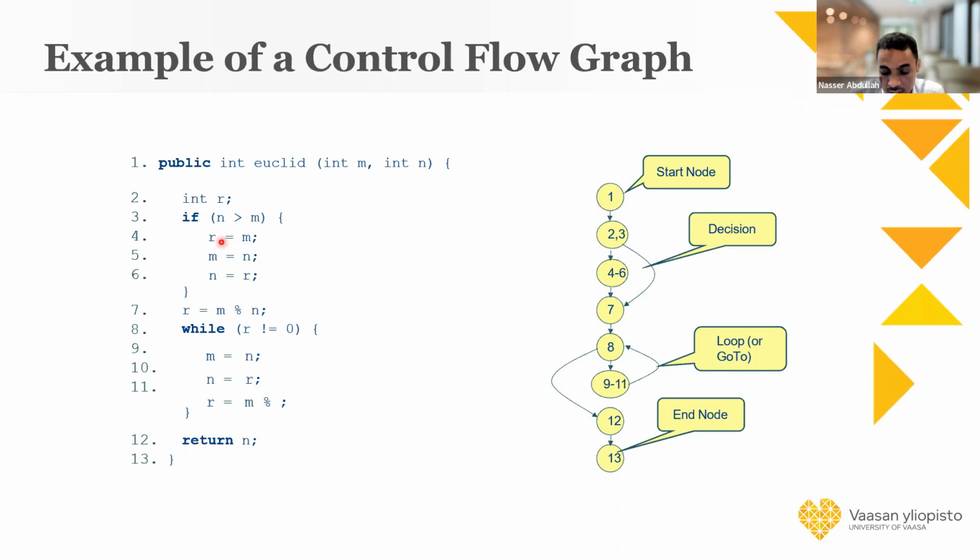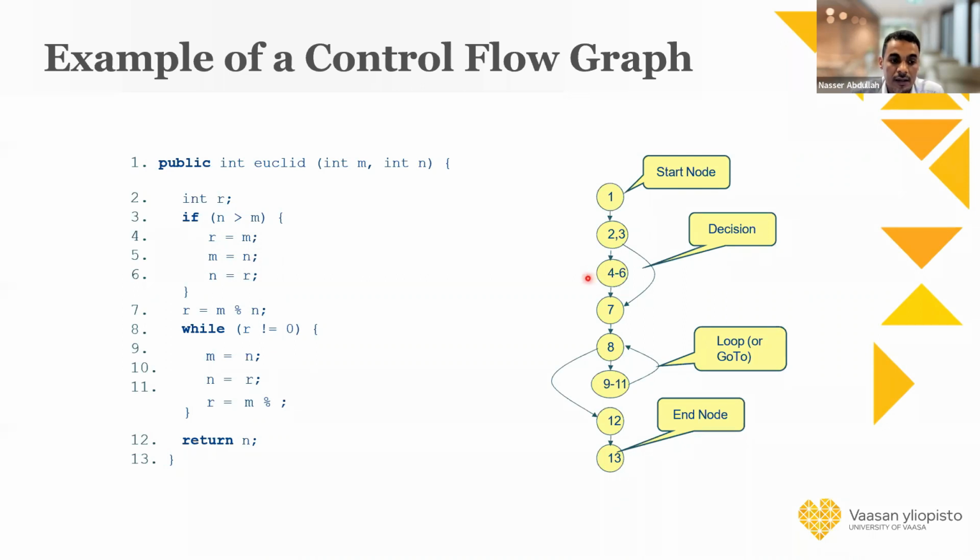For example, here 4, 5, 6 can be kept separate, no problem, or you can combine them together. Because they are in one block, I can say they will execute once together, so we can combine them.